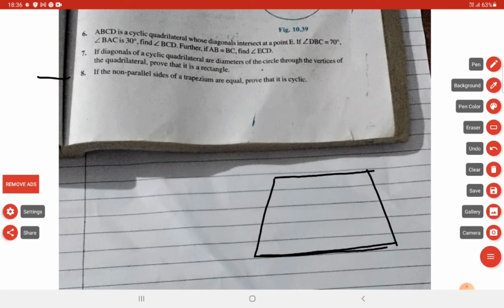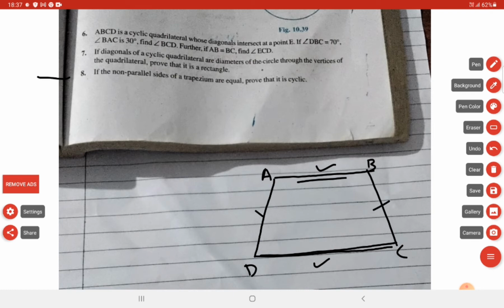That is a trapezium, one pair of parallel sides. Okay, now which are the non-parallel sides? If we name it A, B, C, D, AB and CD are parallel. Then which are not parallel? AD and BC are the non-parallel sides of the trapezium.